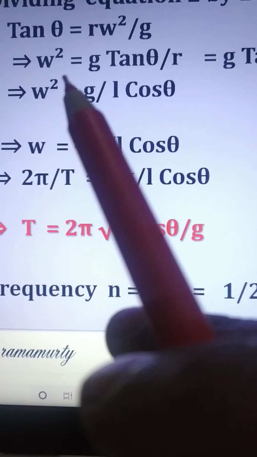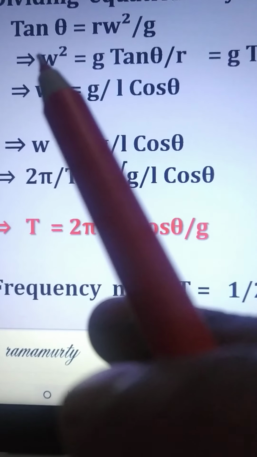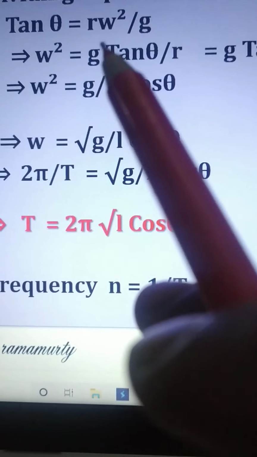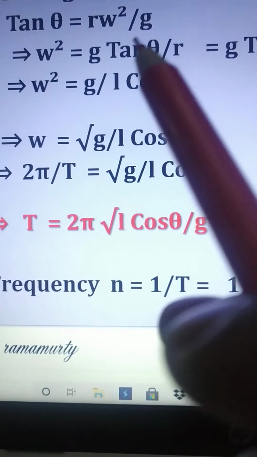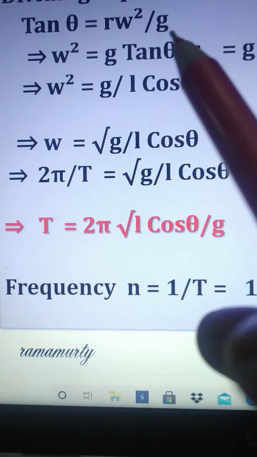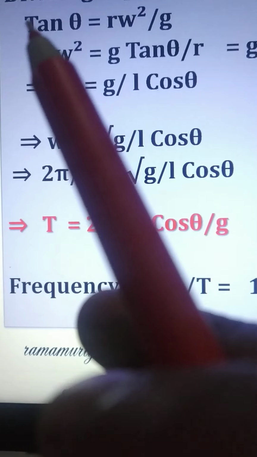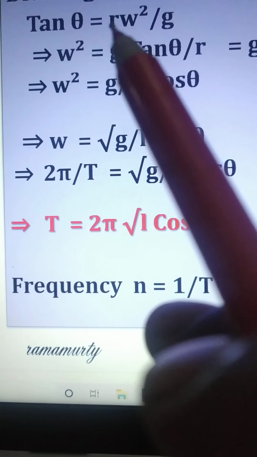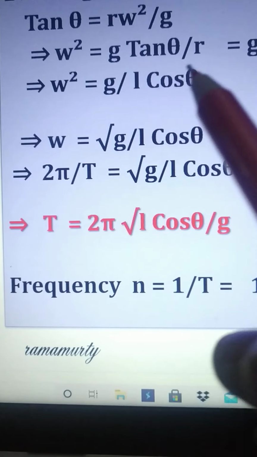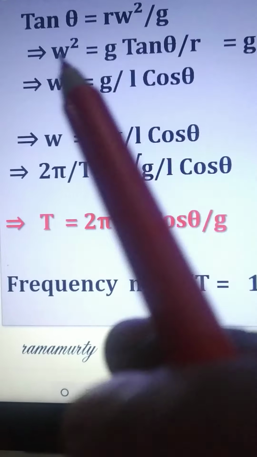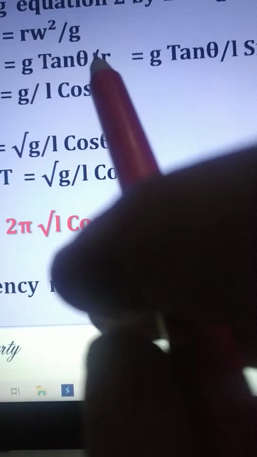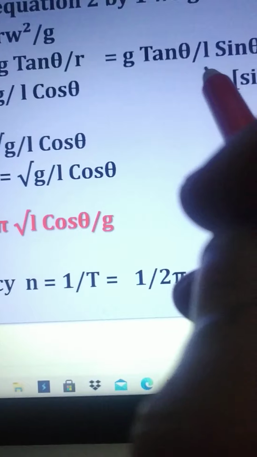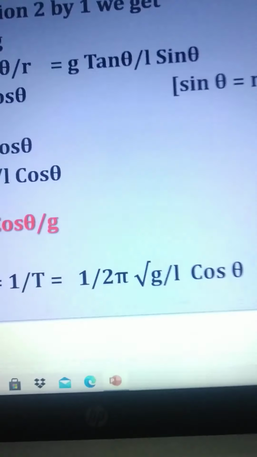So omega square, this is omega, not w, is equal to g tan theta upon r. The g in the denominator goes to the numerator as g tan theta, and r goes to the denominator. So we get omega square is equal to g tan theta upon r, which is g tan theta upon L sin theta.